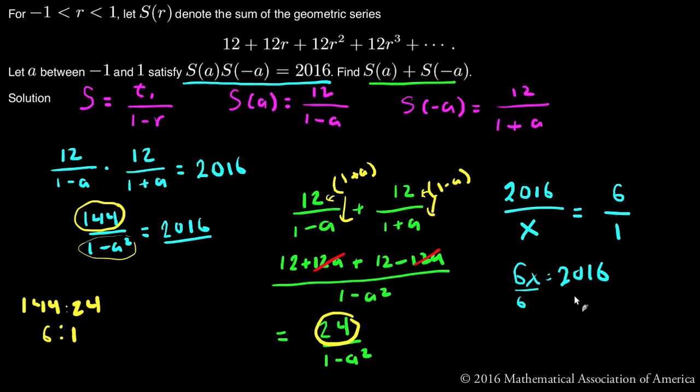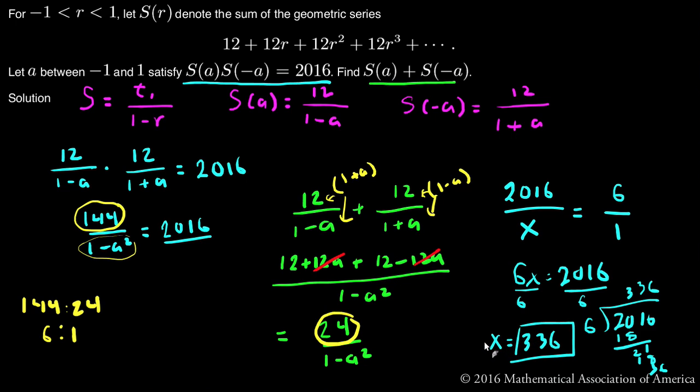Divide both sides by 6. If you don't know it, you can do long division. So 2016, divide out the 6. 6 goes into 20 3 times. 6 goes into 21 3 times. And 6 goes into 36 6 times. So the answer is 336.